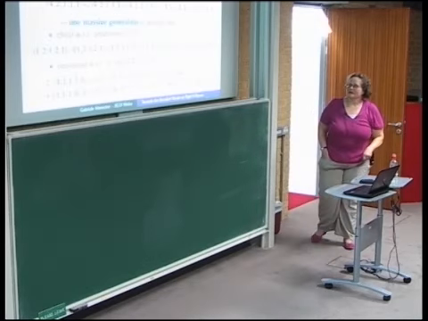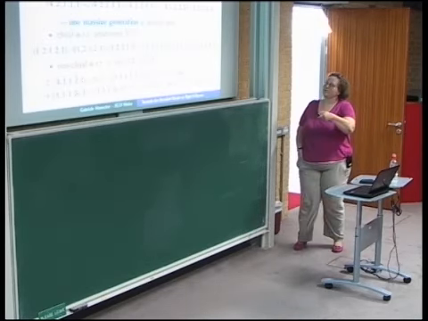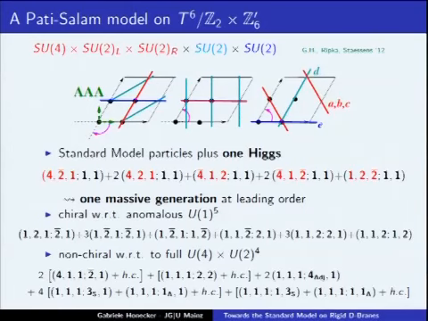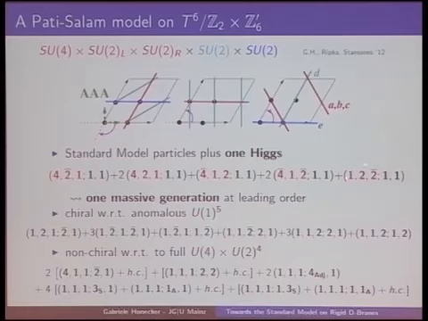So just to give you one example of a spectrum, you have here 3 generations of left-handed quarks and leptons together, 3 generations of right-handed quarks and leptons, and you have here 1 Higgs generation. And if you see here, it's really only SU(4), SU(2), SU(2) because all the U(1) factors are anomalous, but since the anomalous ones still give us selection rules on which kind of couplings are allowed, only the first left-handed, first right-handed, and the Higgs lead us to a Yukawa interaction.